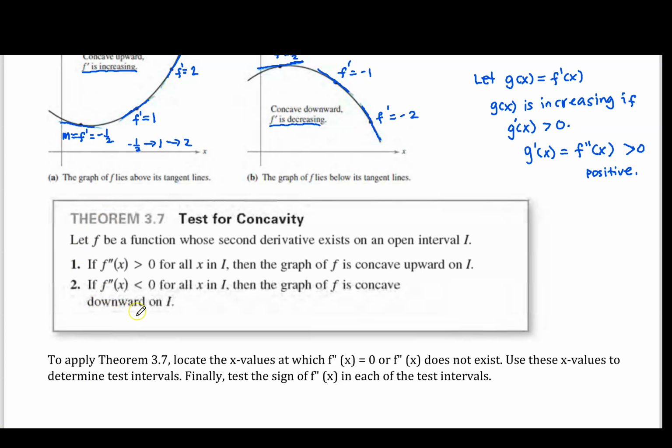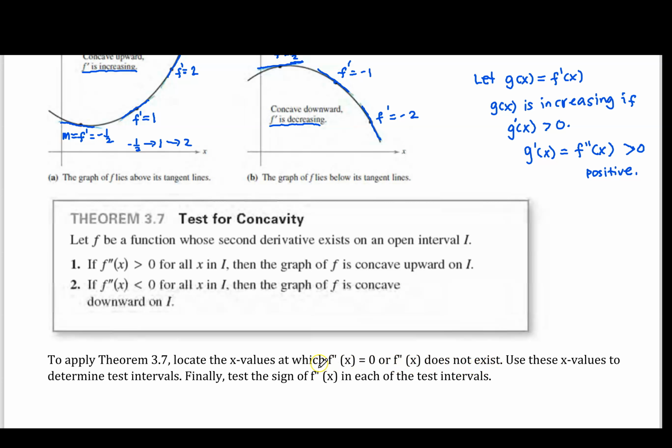Now, to apply theorem 3.7, we will just extend what we did for the first derivative test in the previous section. So to do this, we first locate the values of x for which the second derivative is equal to 0 or the second derivative does not exist.